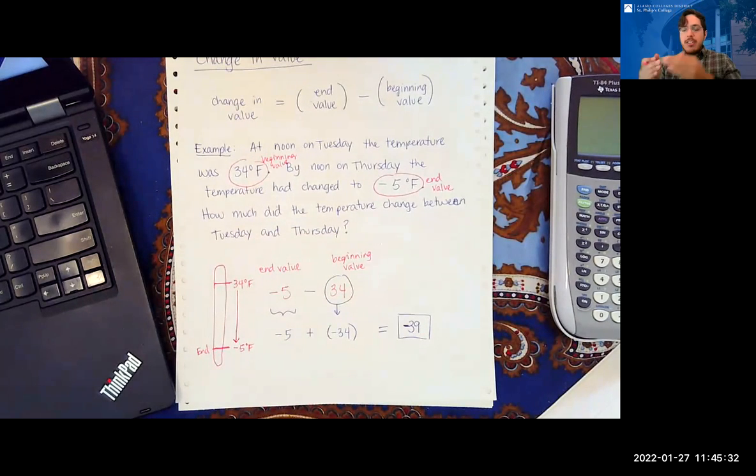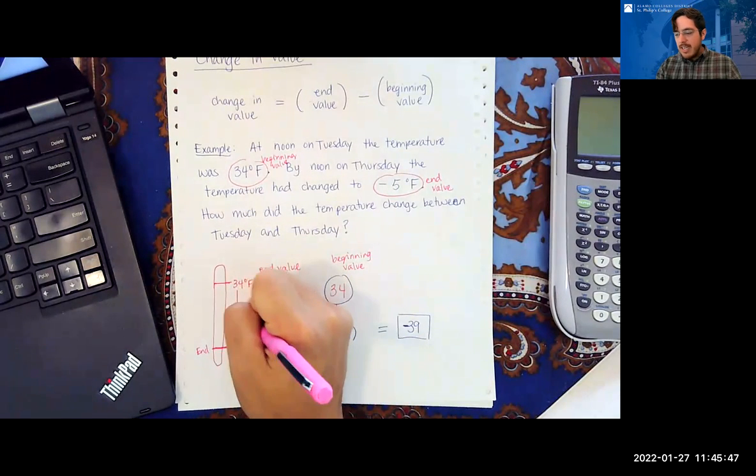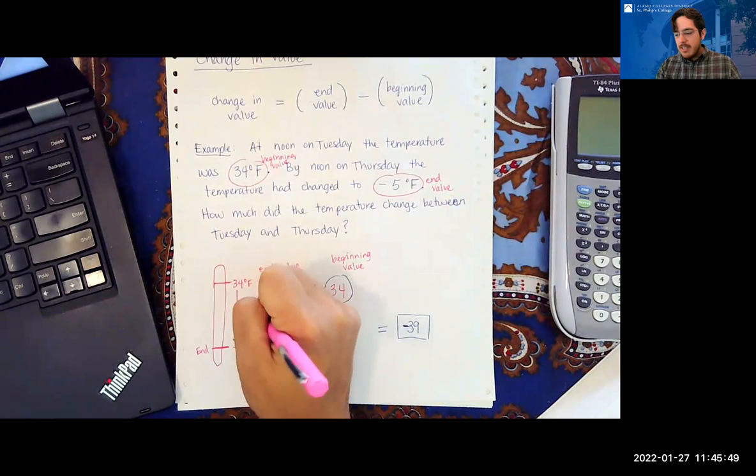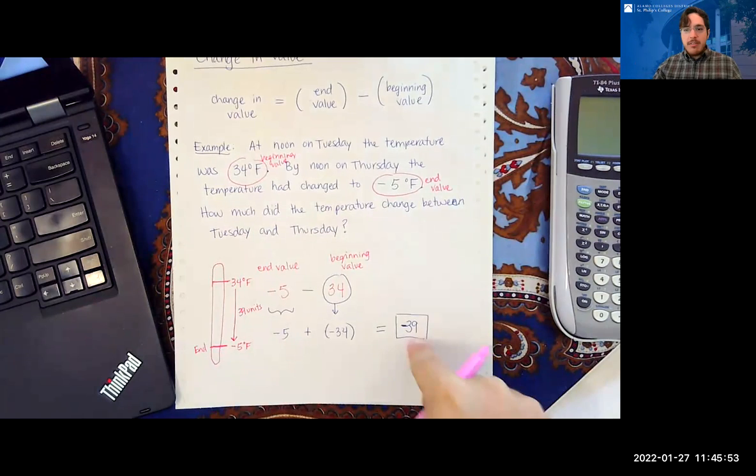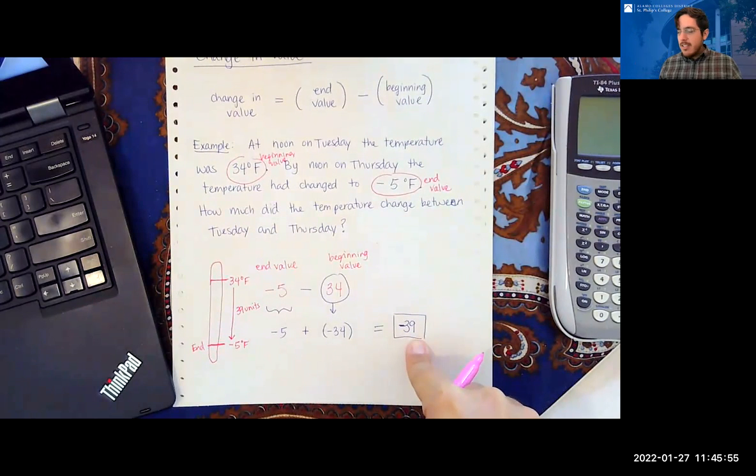Well, if we're thinking about a thermometer, then the temperature fell or dropped to -5 degrees. And if that temperature dropped, that is a distance of 39 units. But since we dropped, our value should be negative, right? So that should make sense.